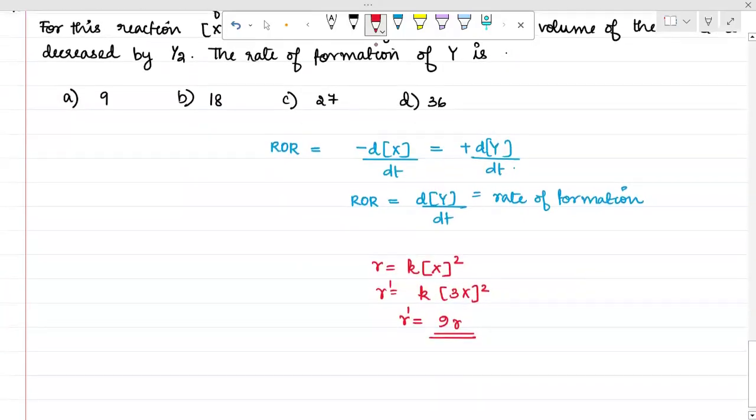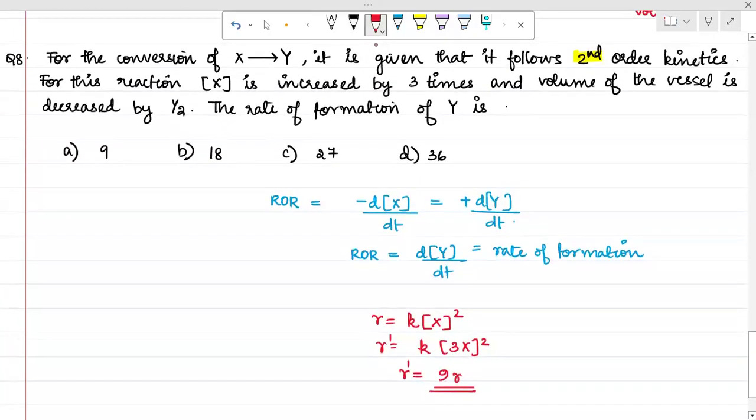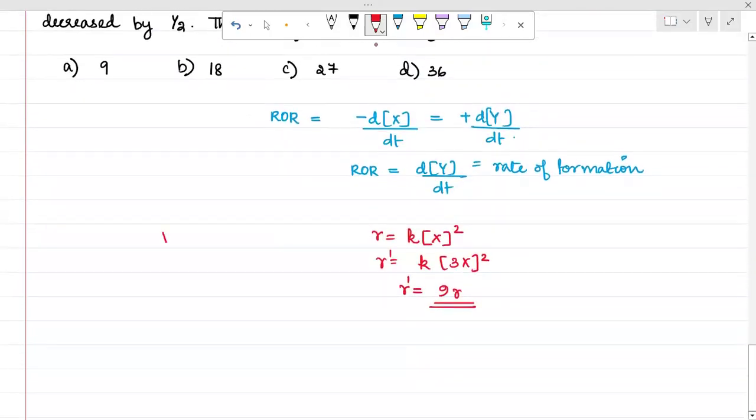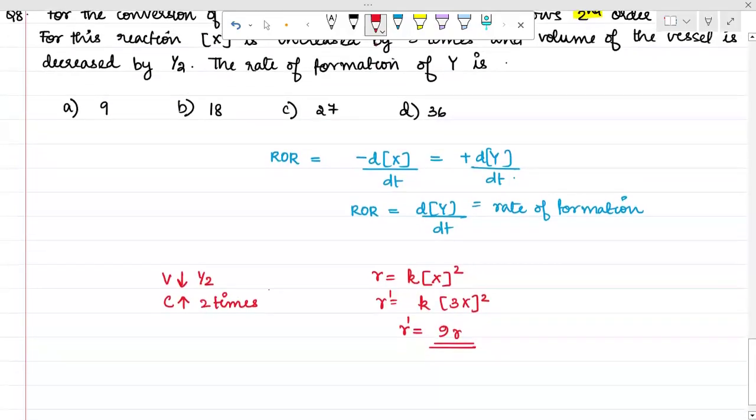That's known. Now they're saying that along with the change of concentration by 3 times, they are also reducing the volume to 1 by 2. So reducing the volume to 1 by 2, we know that volume and concentrations are inversely proportional. So volume is reduced means concentration is increased. Concentration is increased by 2 times.